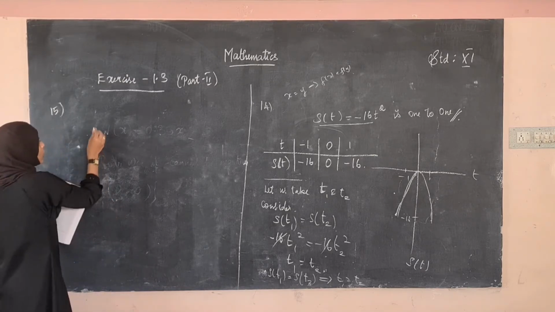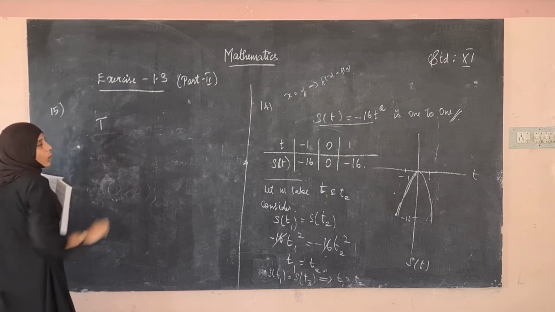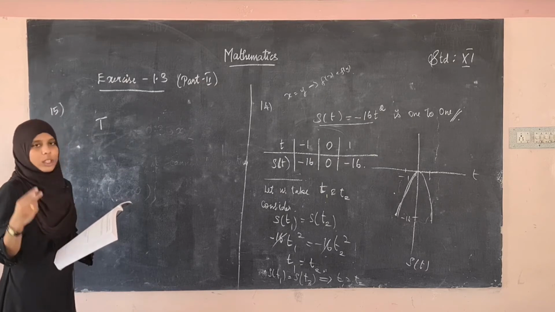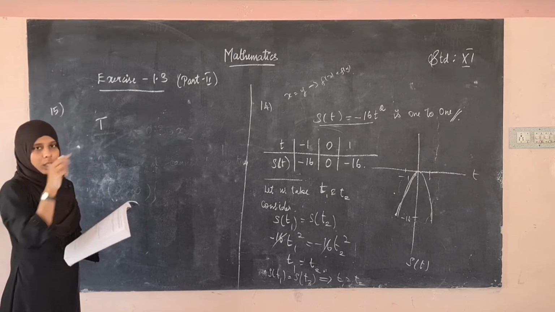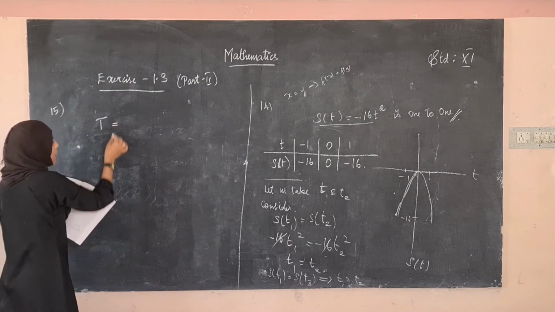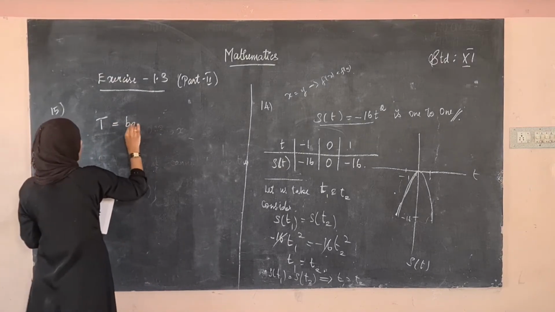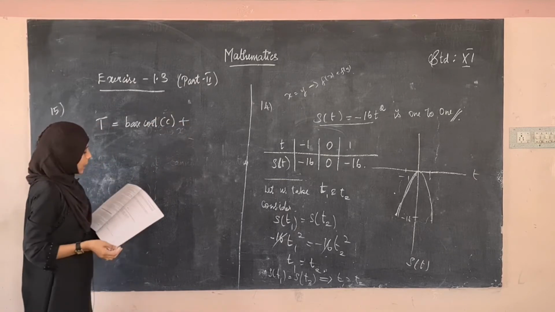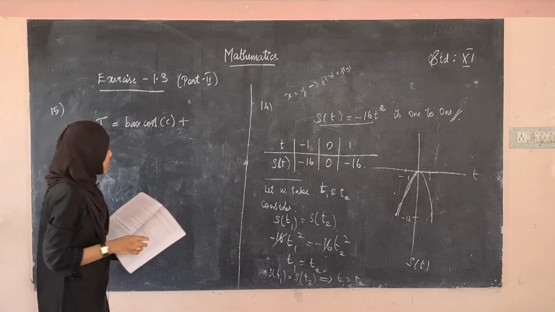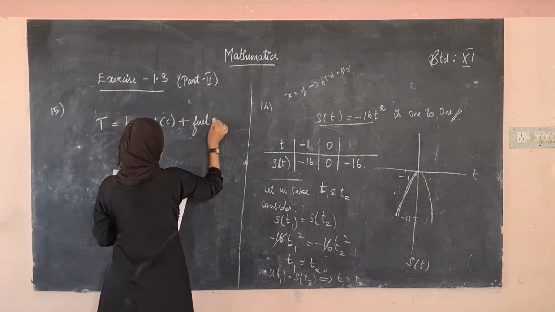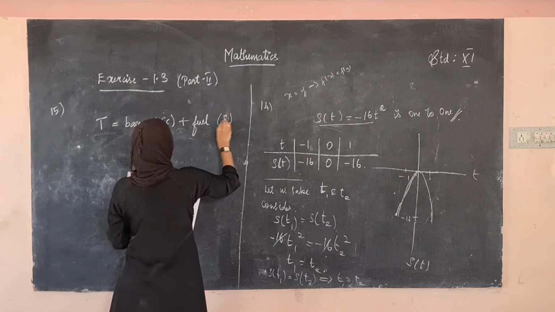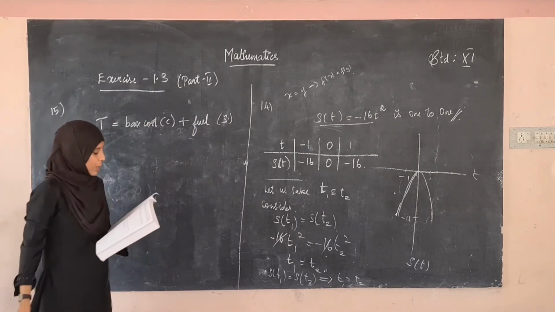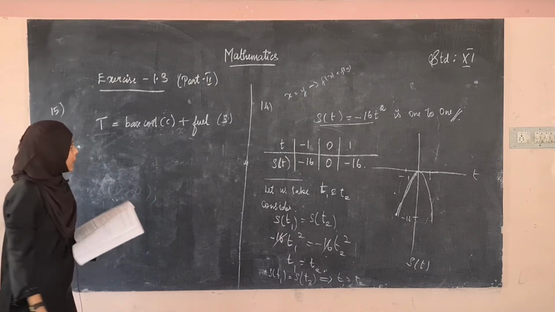Let us take the total cost as T. Someone is traveling in an airplane, and the total cost for the given route is comprised of the base cost, that is C, plus the fuel surcharge S. So the total cost T is equal to C plus S, that is the base cost and fuel surcharge. They have given it in rupees.